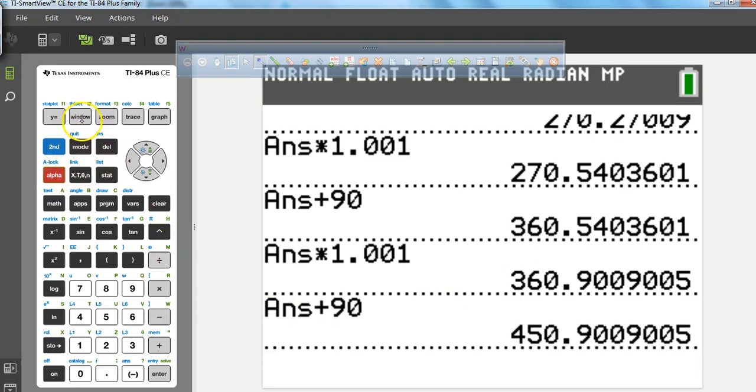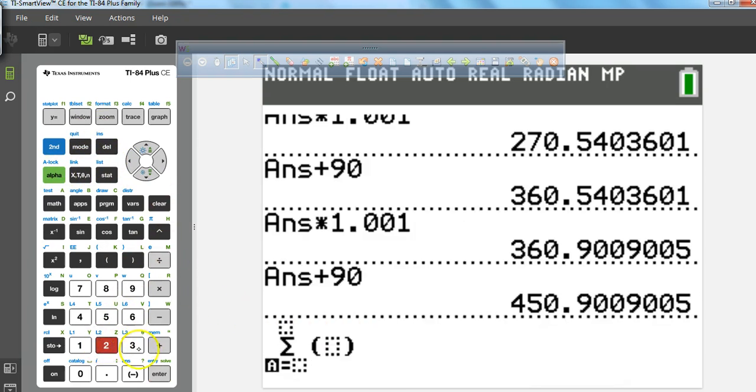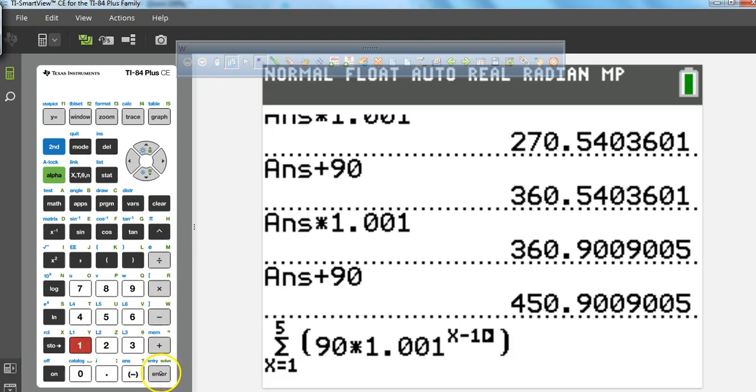One more time. Alpha window number 2. Going to put an x, going to put a 1, going to go over here, put 5. We're going to put 90 times 1.001 to the power of x minus 1. Cross our fingers.